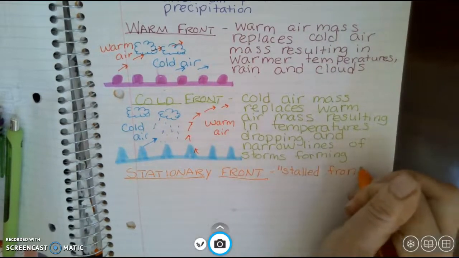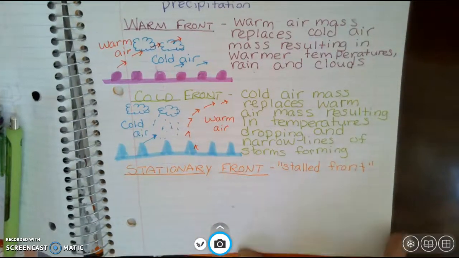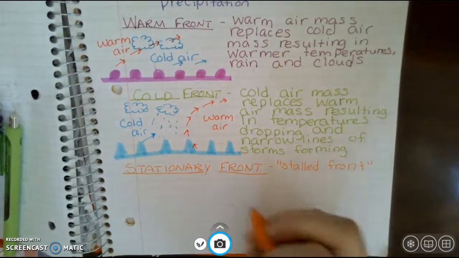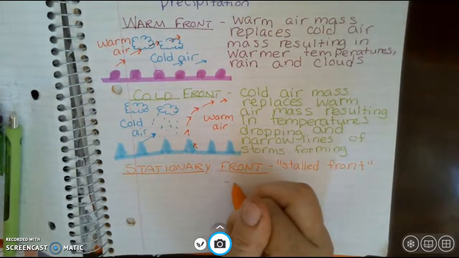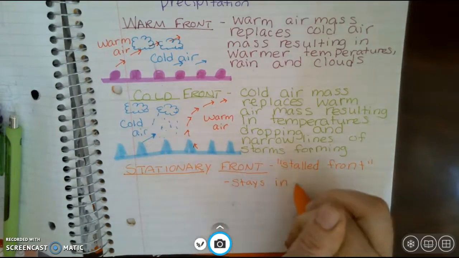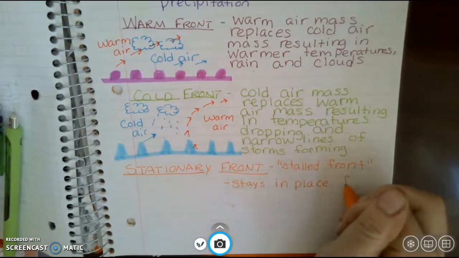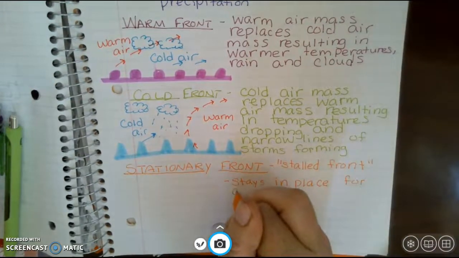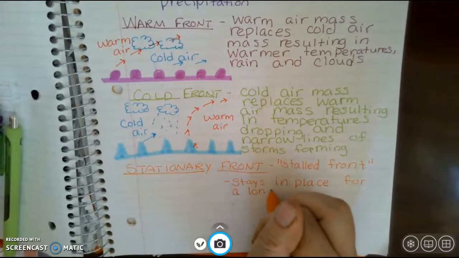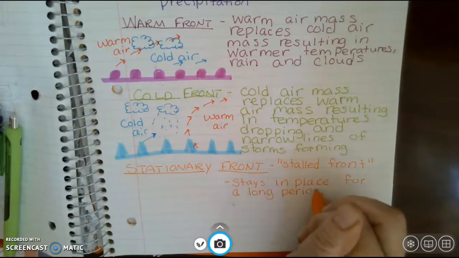If your car stalls out, it won't start. So stationary and stalled tells me that it's going to stay put, and that's exactly what it does. A stationary front stays in place for a long period of time. It can be days that it will kind of just sit on us.